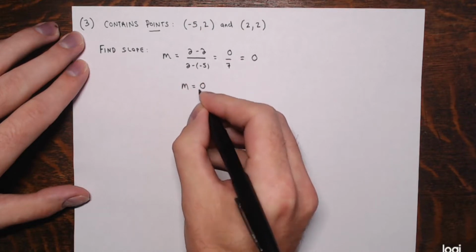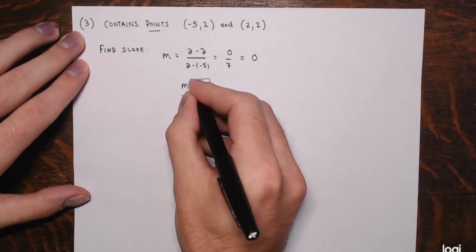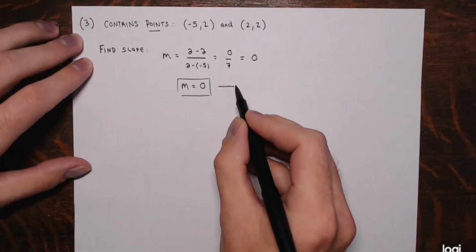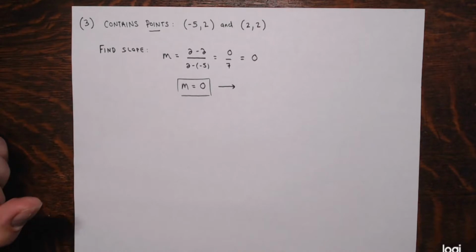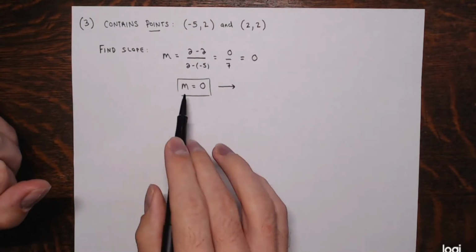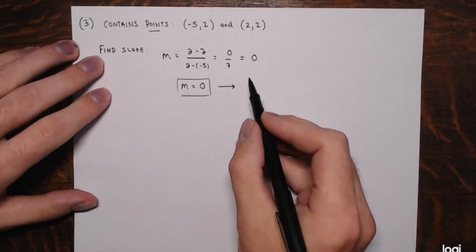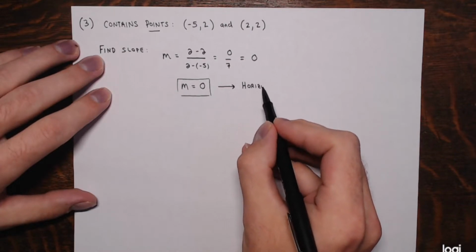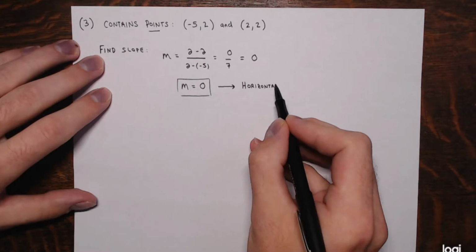Slope is 0. Now, that's not the answer. But hopefully you recall from the previous video on slope of a line that when the slope is 0, we have a horizontal line.